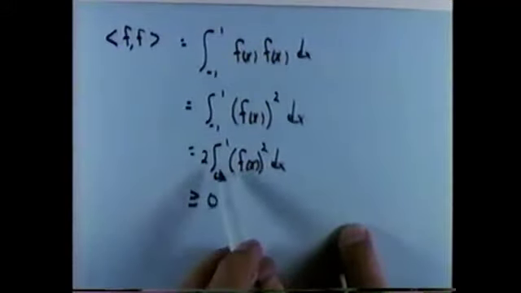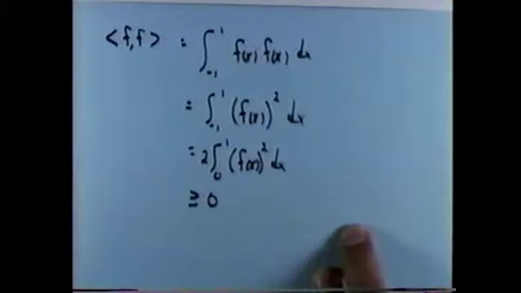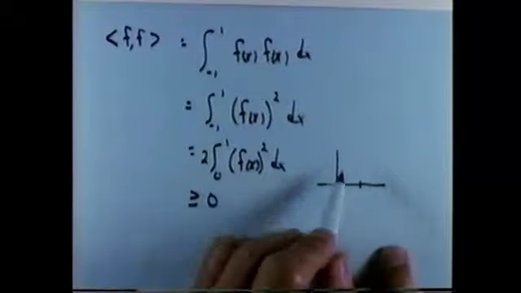Well, this is greater than or equal to 0, because this would obviously be positive. I'm integrating over 0 to 1, so we're going to have a positive integral. Furthermore, by looking, I can tell the only way this quantity could be 0 would be for f of x to be 0. Remember, area is interpreted as the area under the curve.